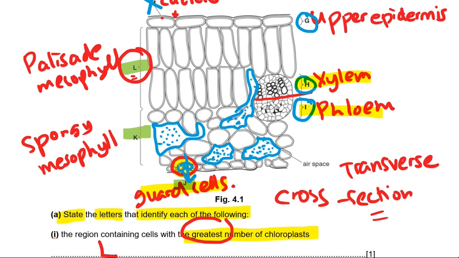Another thing is that all of these cells right here are living cells. So all these living cells would respire at night. Even in the morning they would respire, and since they don't photosynthesize, the carbon dioxide would also accumulate.